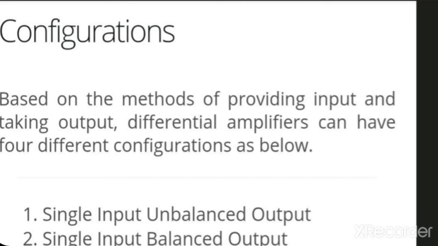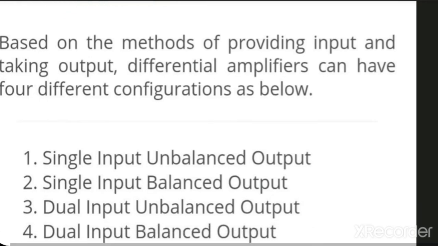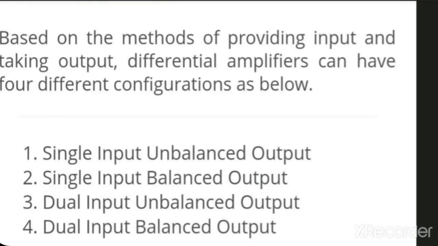Differential amplifier circuit configurations. Based on the methods of providing input and taking output, differential amplifiers can have four different configurations: single input unbalanced output, single input balanced output, dual input unbalanced output, and dual input balanced output.